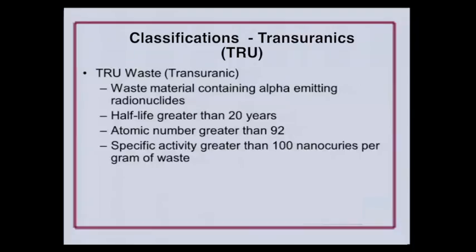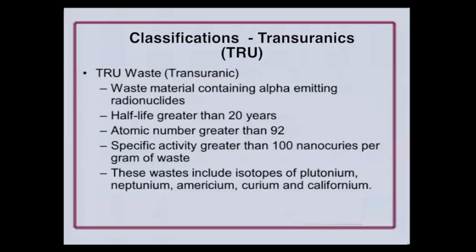Specific activity is greater than 100 nanocuries per gram of waste. The isotopes that are included in this classification are plutonium, neptunium, americium, and californium. As I said earlier, they're all man-made isotopes.